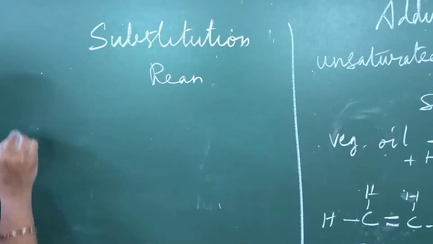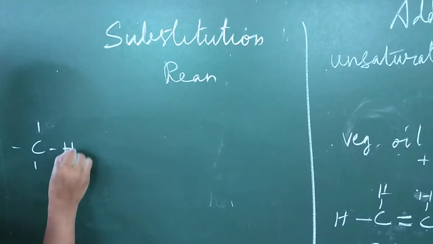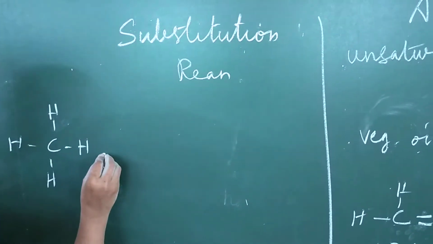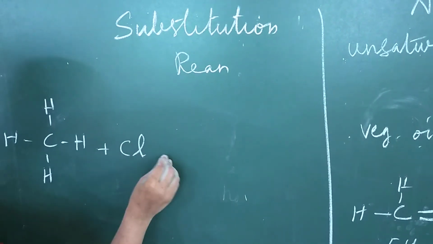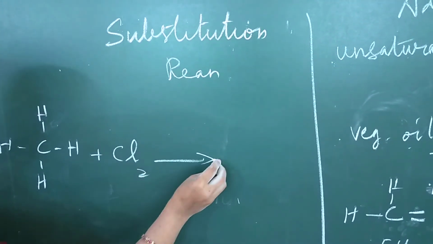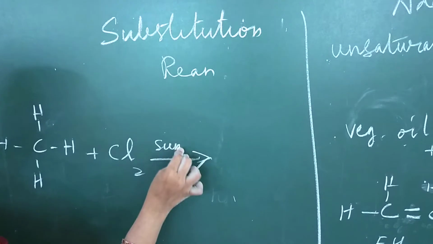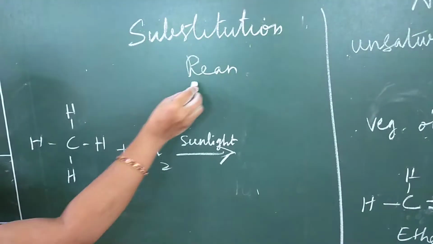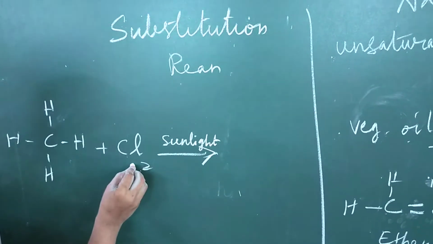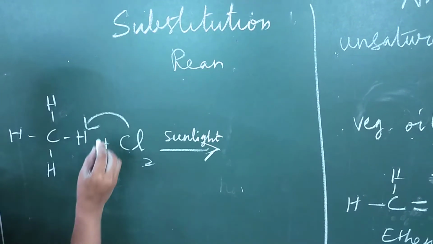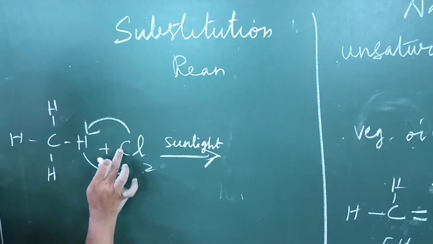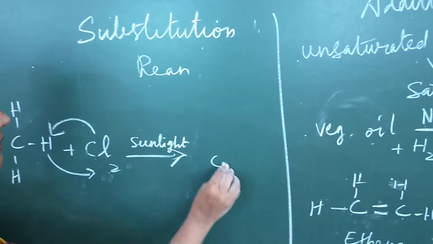So if you take methane, you add chlorine in the presence of sunlight. This reaction is carried out in the presence of sunlight. What happens? This chlorine will attach, and the hydrogen will combine with another chlorine atom present in the molecule. Now what will the structure be?